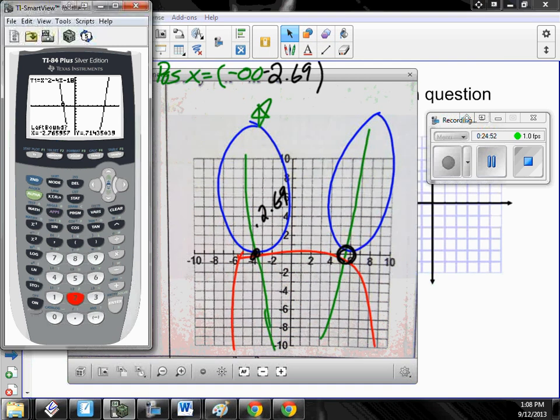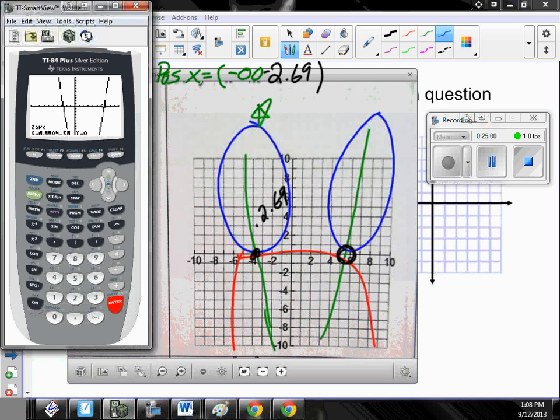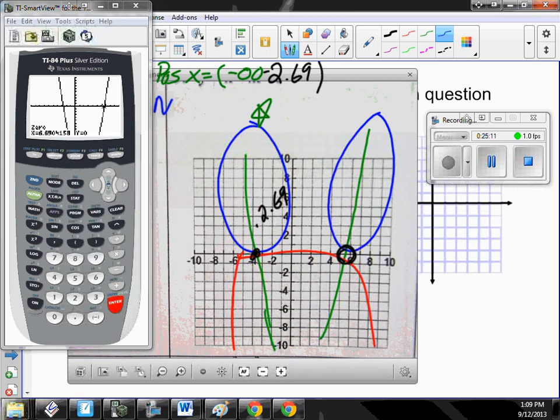So 1, 2, 3, 4, we can do 5, 8, and 7. 6.69. So if it's a quadratic, Nathan, you're going to get that, as long as each number is a whole number in the original function. So it's going to be negative from -2.69 all the way up to 6.69.